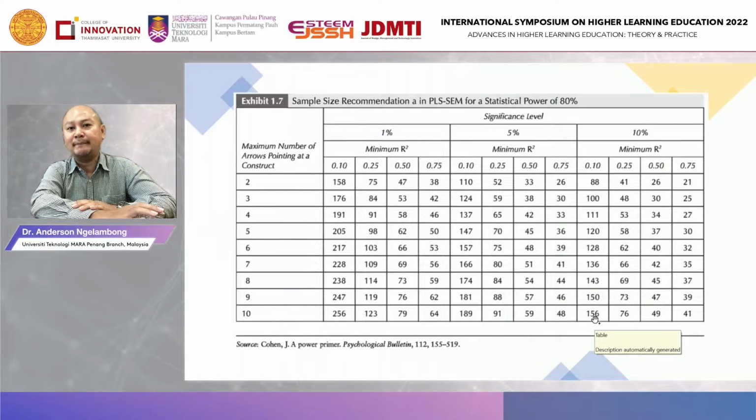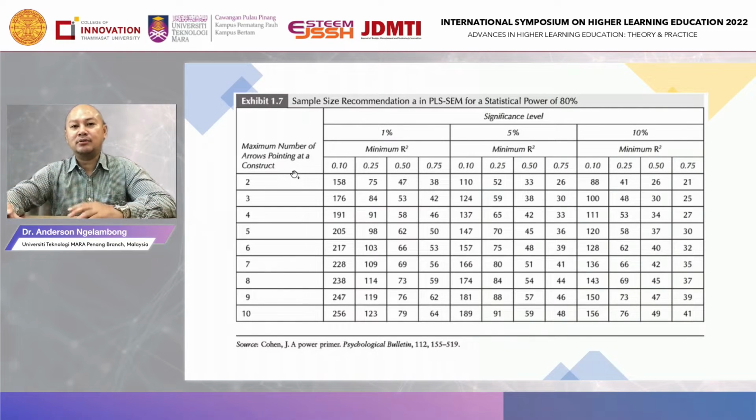for SEM. As you can see in the table, you have the column for the maximum number of arrows pointing at the construct. Meaning that you have to look back at your research model and see how many variables are there, and you should take the maximum.